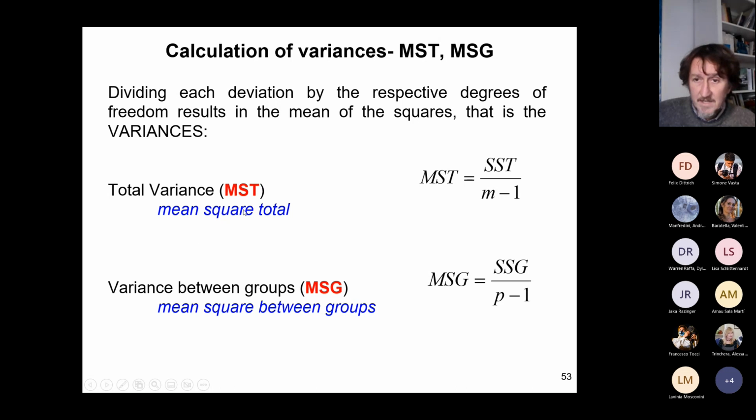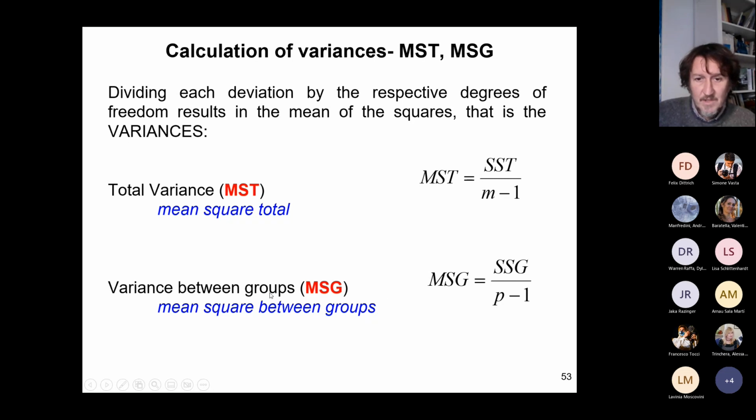Okay, so the formula of the variance is the sum of squares divided by the degrees of freedom. So the total variance is the total deviance divided by the total degrees of freedom, M minus 1.